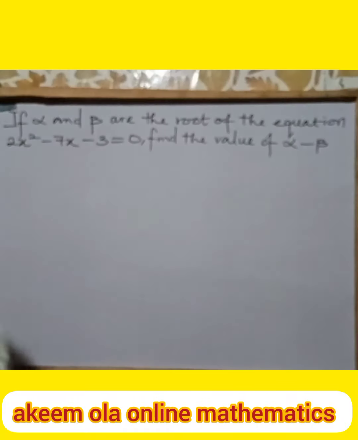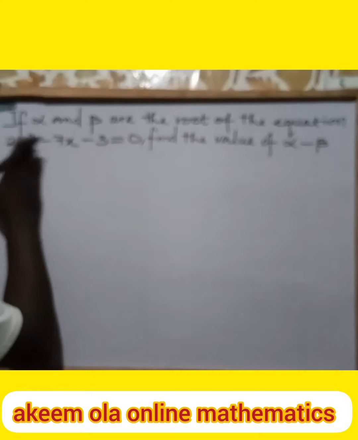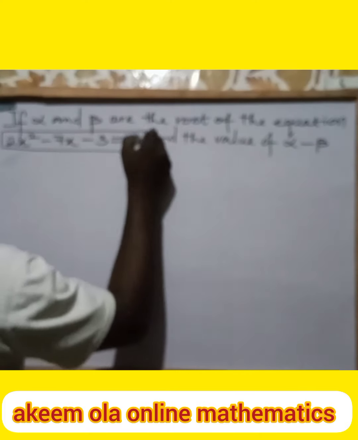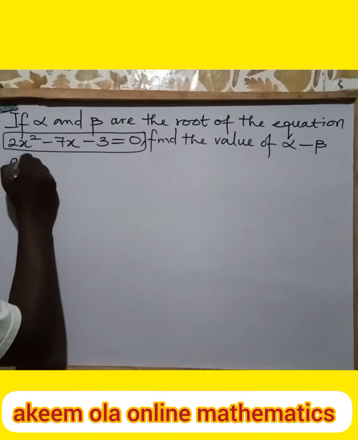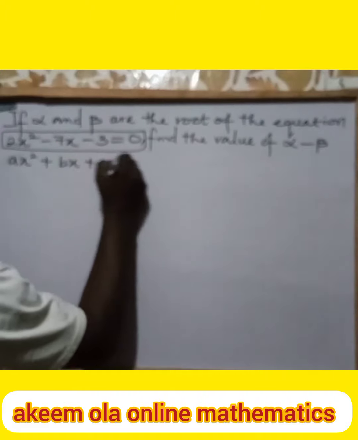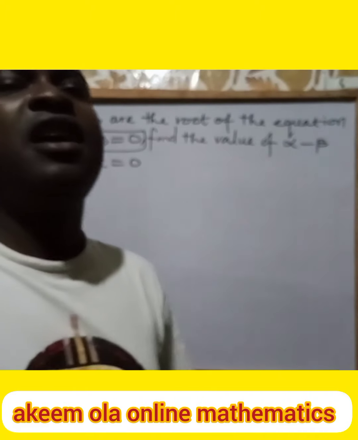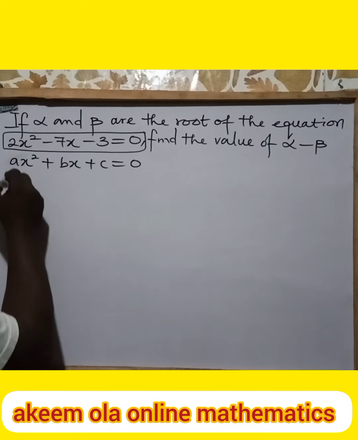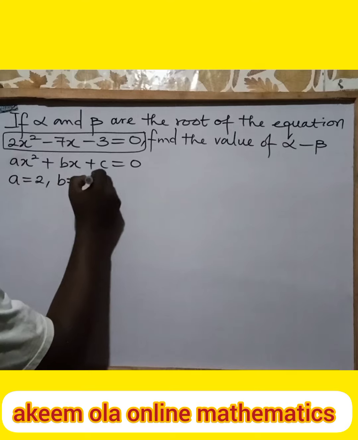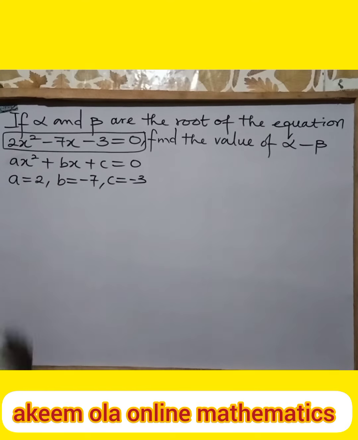Now, the first thing we do is to compare the given equation with the normal quadratic equation, which is ax squared plus bx plus c is equal to 0. Comparing these two together, we'll observe that our a will be 2, our b will be equal to minus 7, and our c will be equal to minus 3.